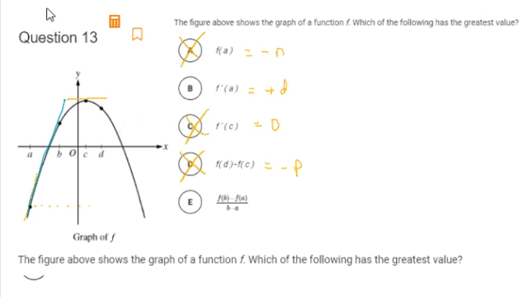And as we look at this here, it is kind of close, but this number is going to be less than d. This arbitrary number d that we picked to represent the slope at a. So that tells us that the greatest value is our derivative at a, the slope of that curve at a.